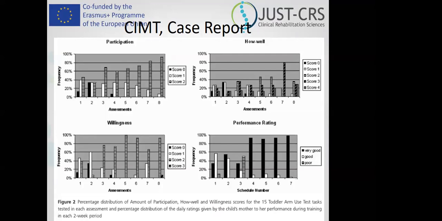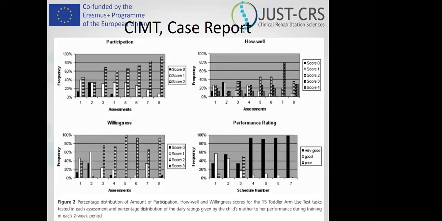How well? There were again similar percentages at baseline. After the 5th assessment, there were again no 0 scores. In the first assessment, she did not use the arm, which is a score 0, or scored very poor, a score 1, or poor, a score 2, in 67% of the cases.